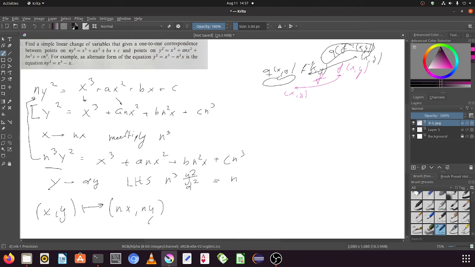So that was really a simple linear change, an affinity. All right, that was the first one. Then we have to check this map.